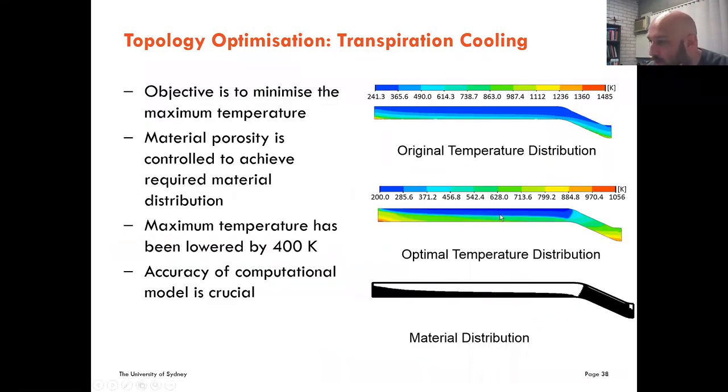And when you do that, we can actually drop the temperature by just over 400 kelvins on the combustion chamber if a material distribution of this type, so black is material and white is zero material, then you would be able to have the optimal performance of having the coolant flow passing through and reducing this maximum temperature.